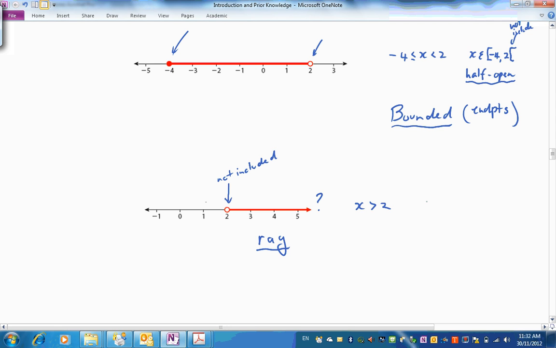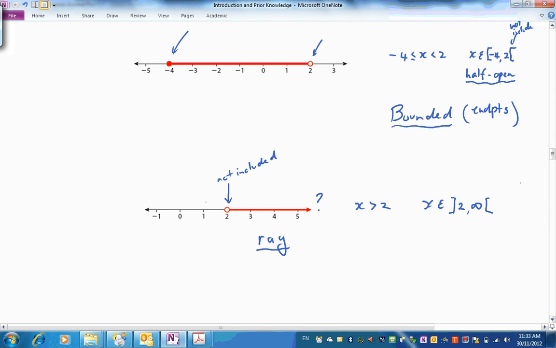And so we could write this as x is a member of. Now, how are we going to do this? Well, on the end here, it's actually open. We're going to put here, this way, to infinity.